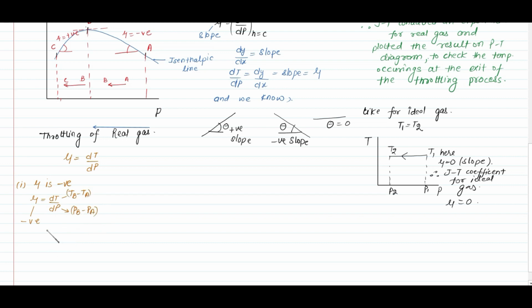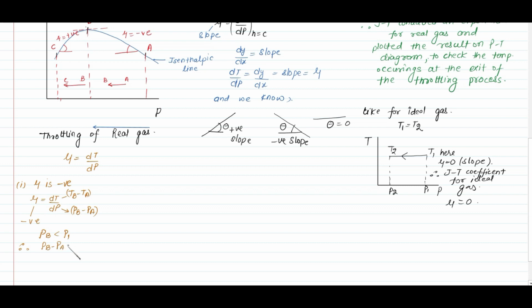In throttling, we are moving from the high pressure region to the low pressure region, so pressure PB is less than pressure PA.